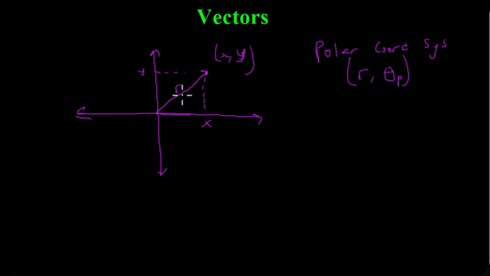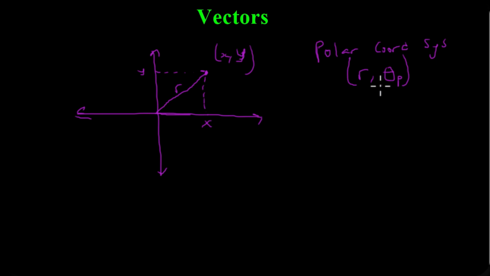Now, this r alone is not enough to describe my object's location, because if I have r here, I can also have r in the second quadrant like this. Imagine I had a mirror that just reflects my object's location. So I can have r here, I can have r coming down, I can have r in this fourth quadrant. So how do I differentiate which of the r's I'm referring to?